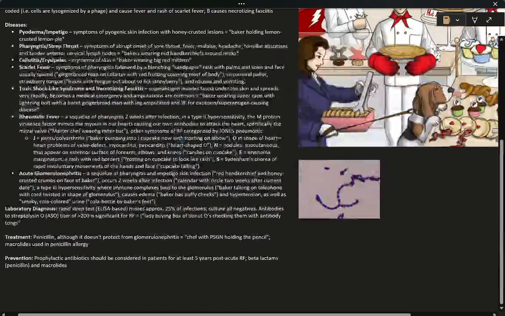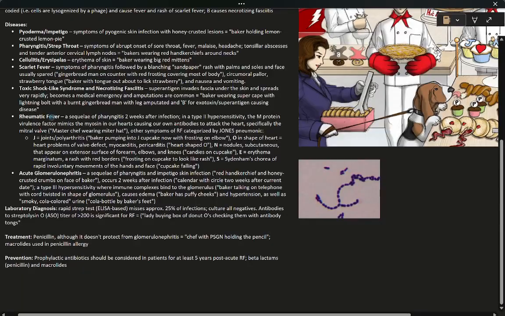And then we have rheumatic fever. This is another important disease to keep in mind regarding group A Streptococcus. It represents a sequelae of pharyngitis 2 weeks after the infection, and is a type 2 hypersensitivity reaction.